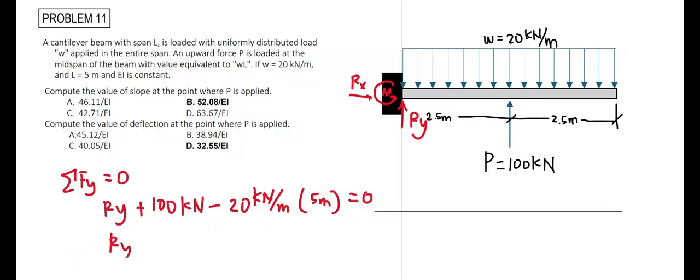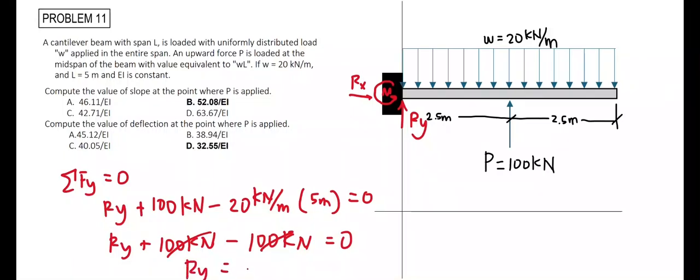Now solving for Ry, we have 20 times 5, that's 100 kilonewtons, and 100 minus 100 is equal to 0. So the reaction Ry is just equal to 0. So there is no vertical force exerted by the fixed support. And by taking summation of forces horizontal, by inspection Rx is just equal to 0.